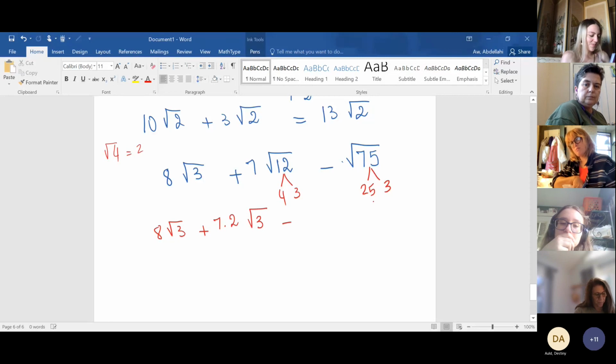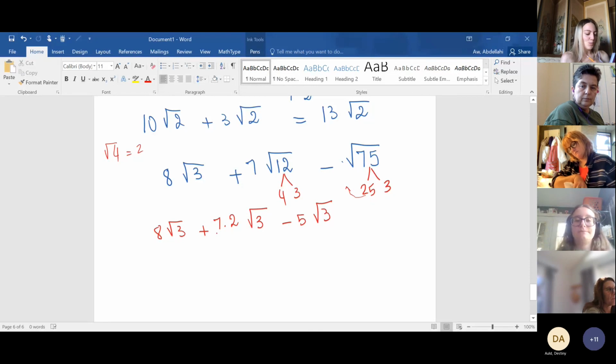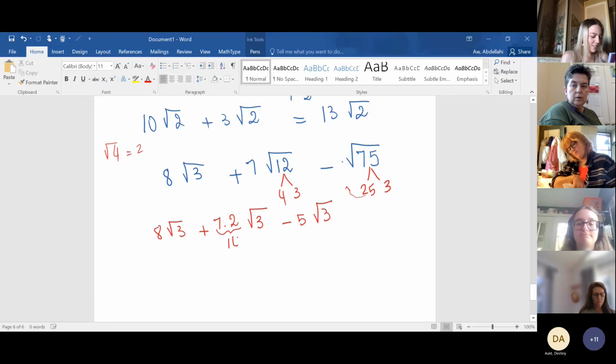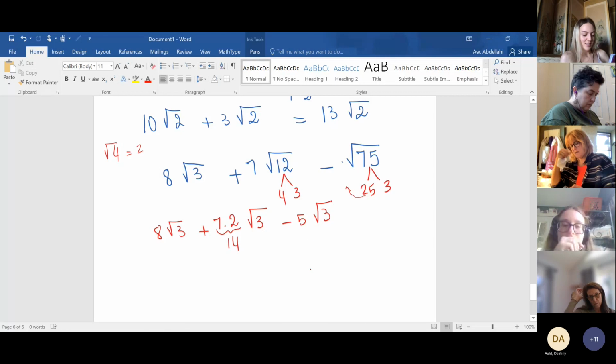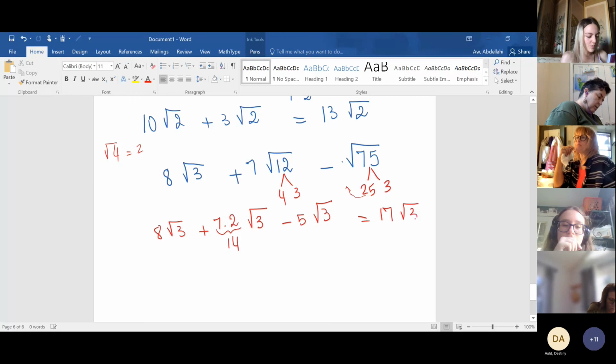Minus, and then when the 25 gets out, it becomes what number? 5. 5 square root of 3, you see? And that is 14 right here. It's going to be 8 plus 14 minus 5, right? 8 plus 14 is 22, minus 5 is 17, so 17 square root of 3. Everybody agree with that?